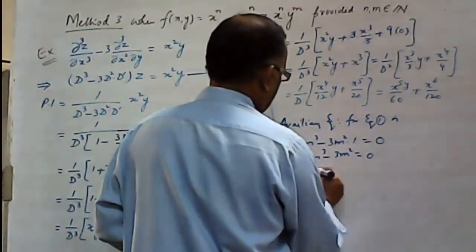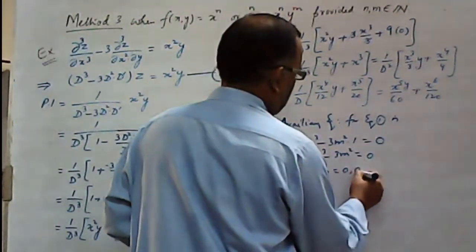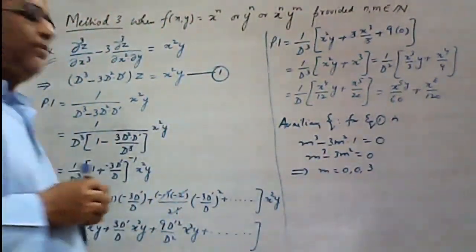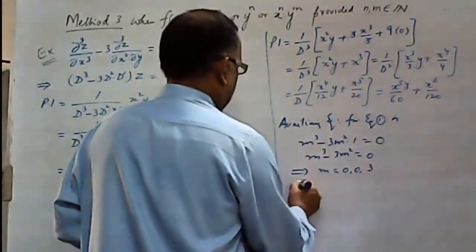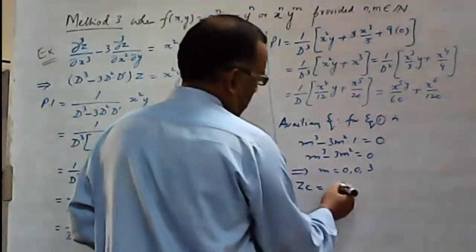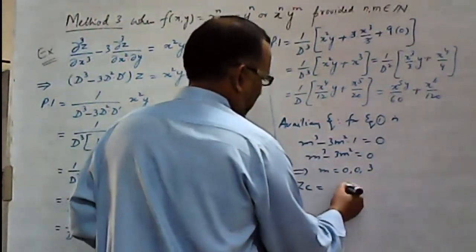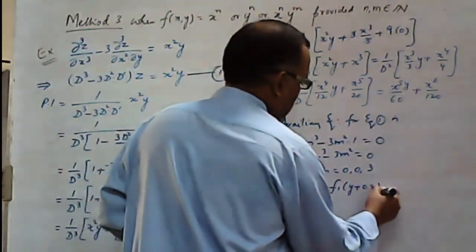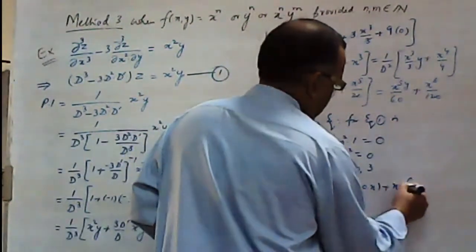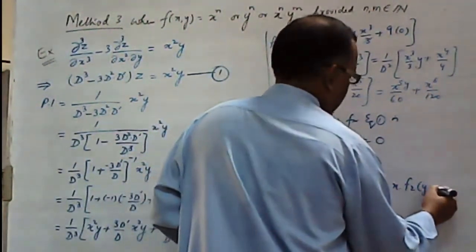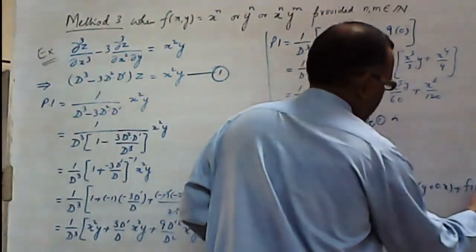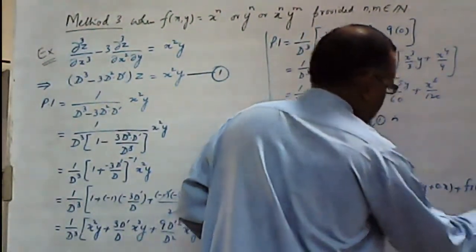It means we have m equal to 0, 0 and 3. Therefore, zc will be equal to f1 of y plus 0 into x, plus x f2 of y plus 0 into x, plus f3 of y plus 3x.